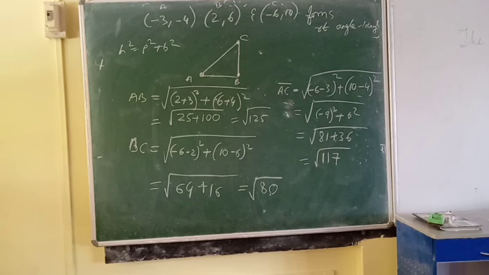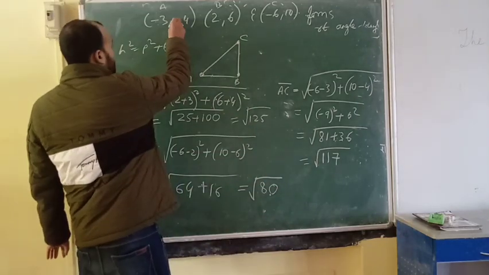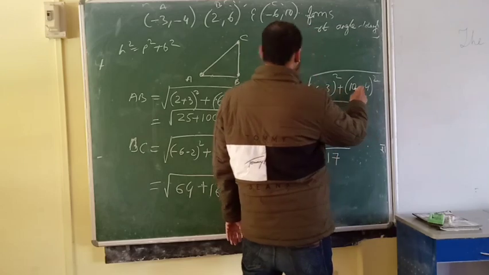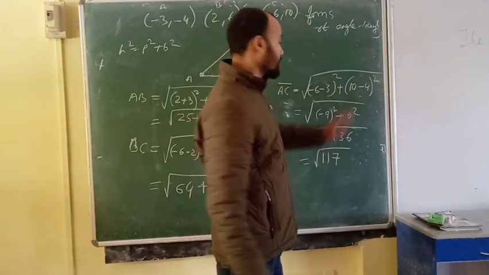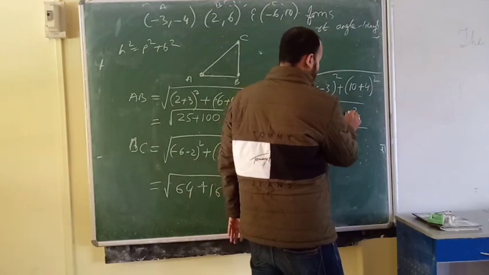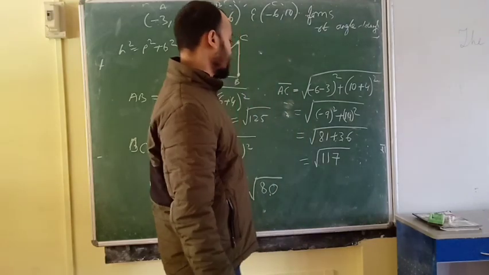Oh, wait, there is a mistake. This is minus 4. I thought it to be plus 4. So you put this minus. 10 minus minus 4 is plus 4. So this is plus 4.